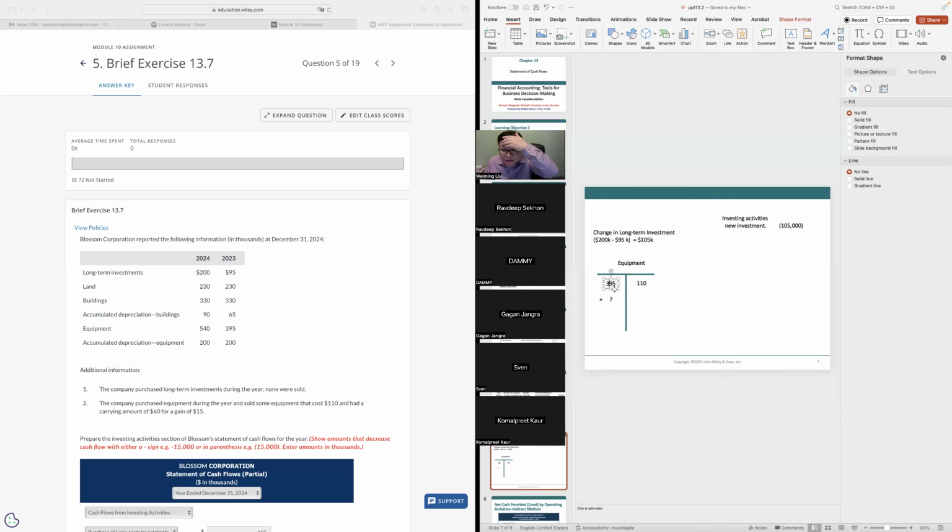Initially, it's 395. I purchased the equipment, I added an unknown, but I sold 110. And what's my ending balance? My ending balance here is 540, right? My beginning is 395. My ending is 540. I have an increase in the purchase of equipment. I also sold equipment.